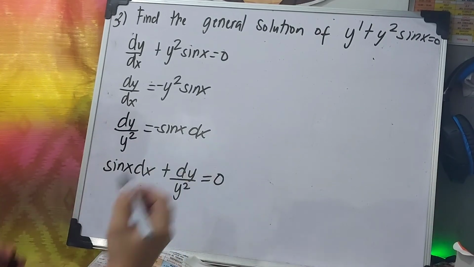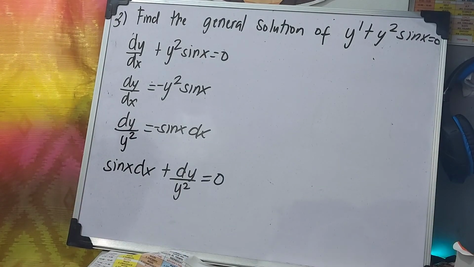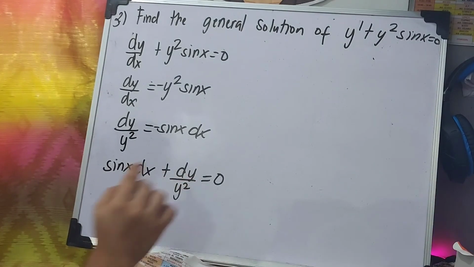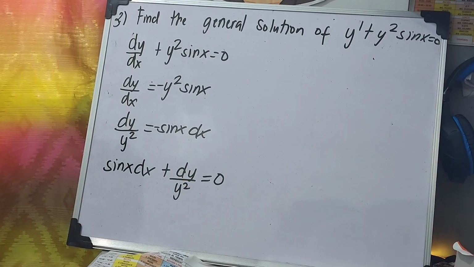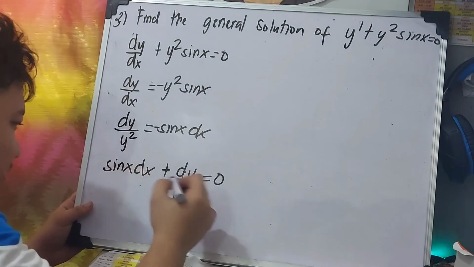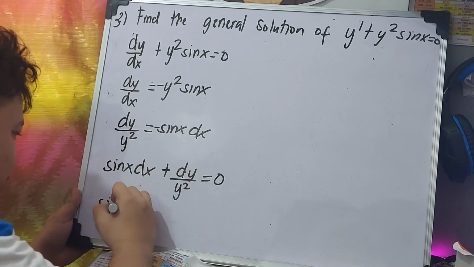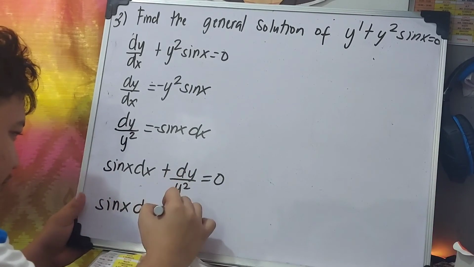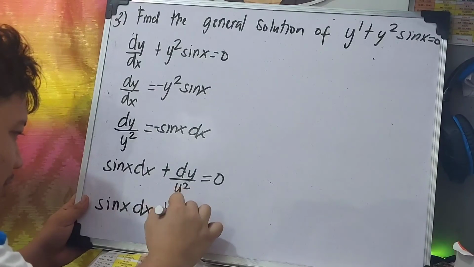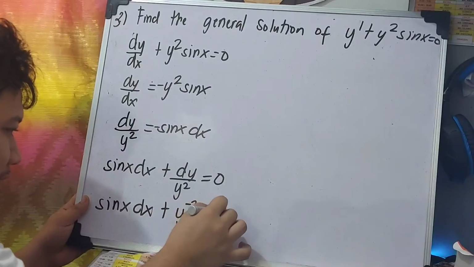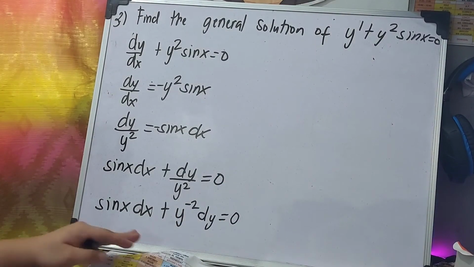equals 0. Since we do not have a formula for dy over y squared, by law of exponents, 1 over y squared is equal to y raised to negative 2 dy equals 0.